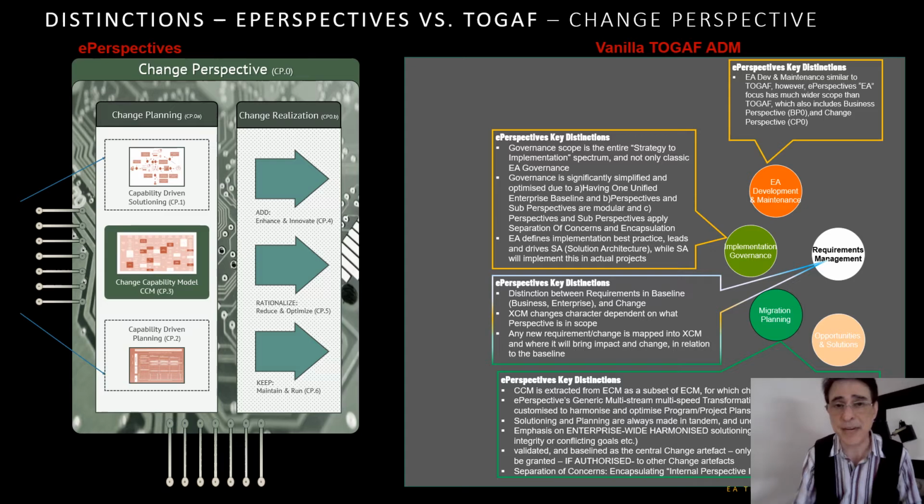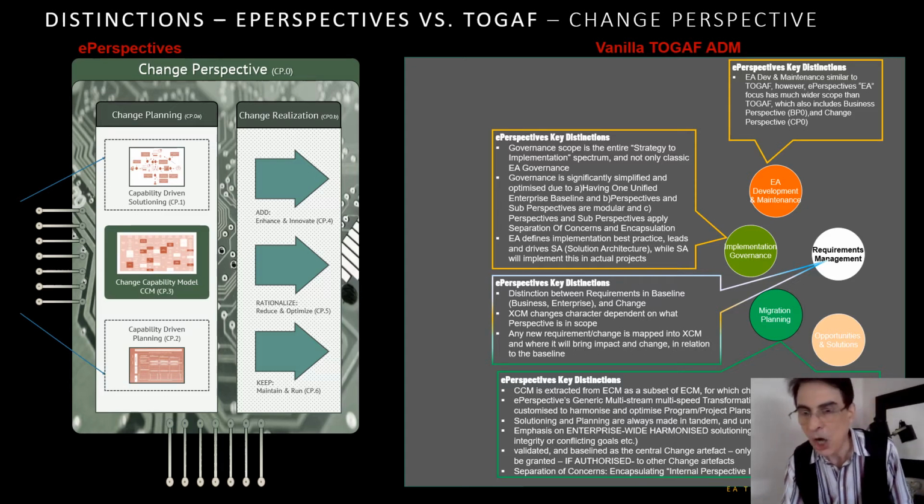So the ePerspectives framework really looks at enterprise architecture as something that harmonizes not only IT and, for example, solution architecture, and takes a look also at the business architecture, but goes much higher level and wider than that.